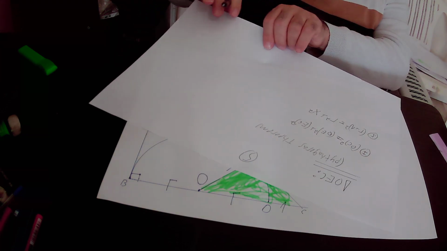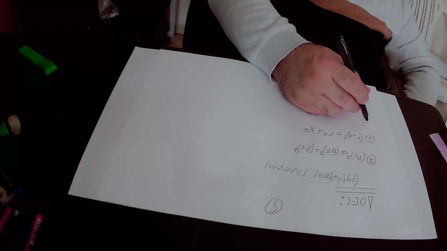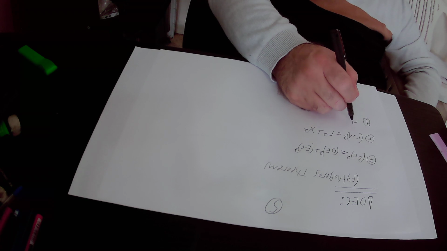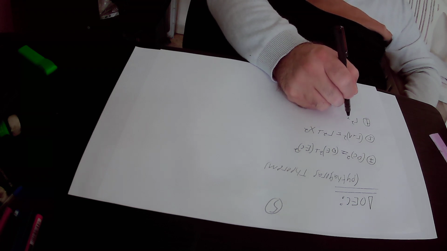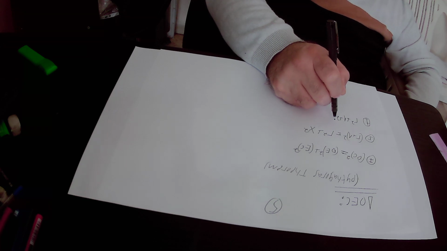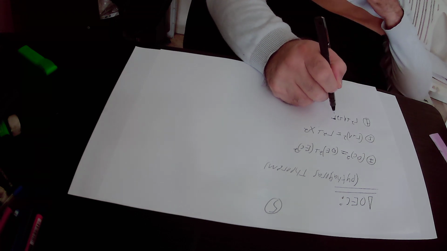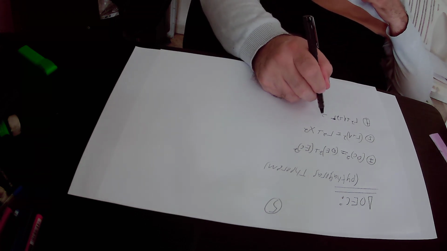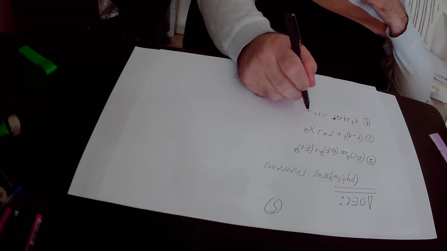R plus 1 square equals R square plus 1 plus 2R, according to the formula that a plus b squared equals a squared plus b squared plus 2ab, and it equals R squared plus X squared.